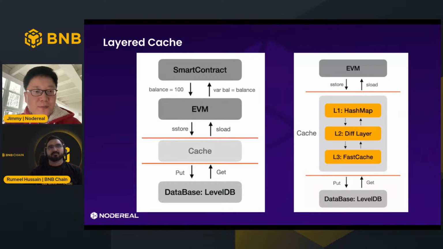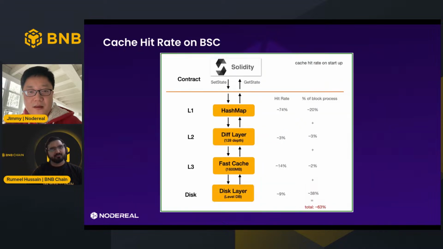If we want to improve the performance of the node, I think if you are familiar with cache mechanisms, the first thing we want to do is increase the hit rate, so that data access can be done in the cache layer without disk IO. This is our calculation according to our load testing.